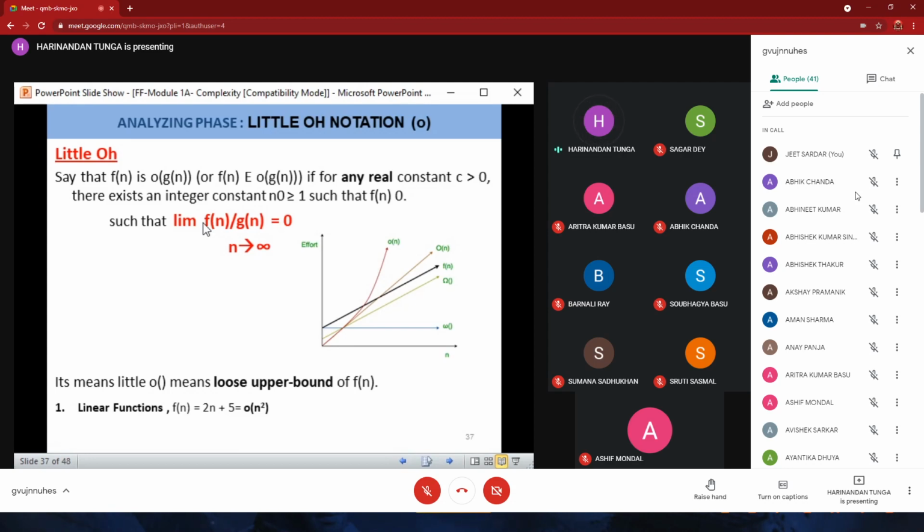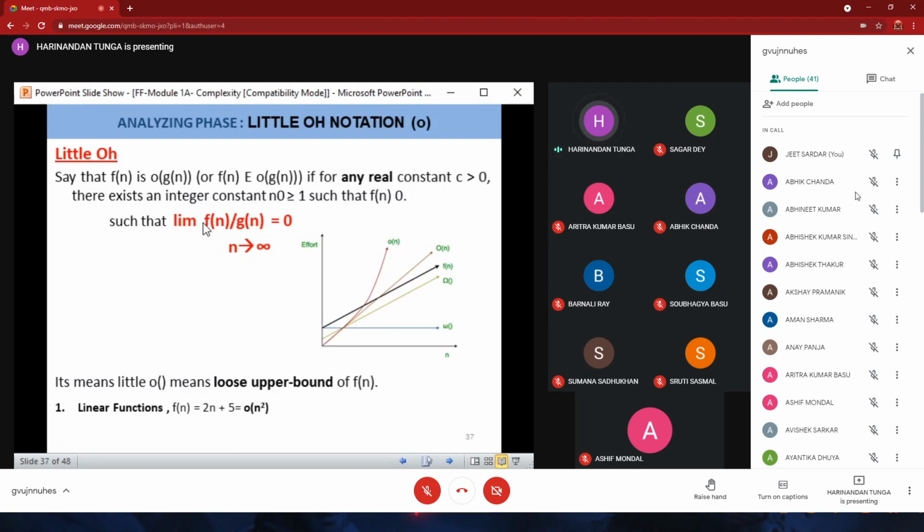Now the condition is that the limit of Fn divided by Gn, as n tends to infinity, equals 0. If the condition is satisfied, then we can express Fn equal to little o of Gn.